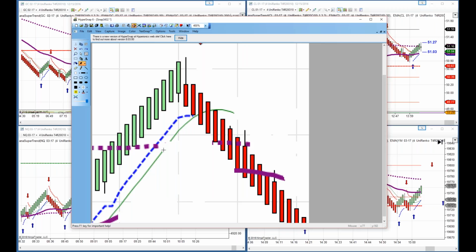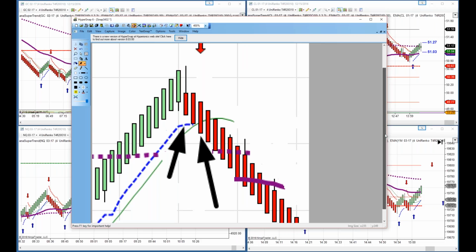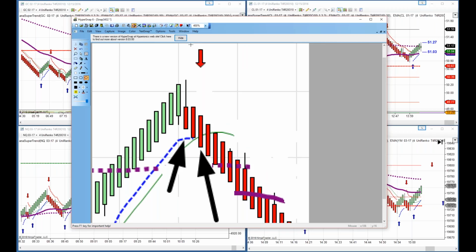Once the blue dashed line is breached by a bar, so here is the blue dashed line, and here is a bar that finished underneath it, creating this arrow.